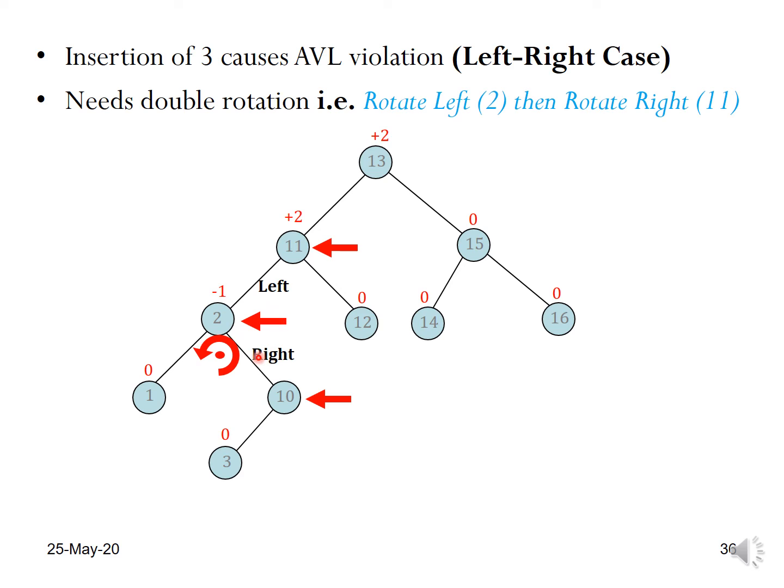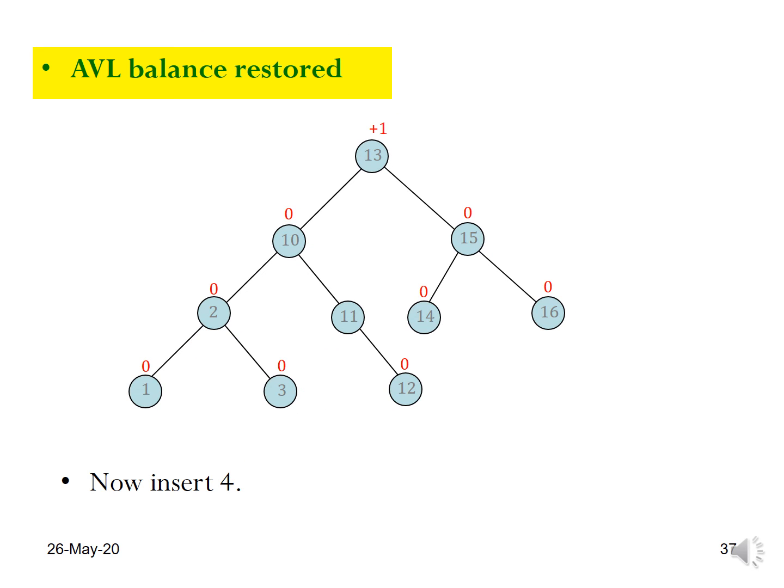So this is the left right case. First we will rotate this 2 towards the left and then we will rotate this 11 to the right. After rotating, the AVL balance will be restored. We can calculate the balance factor of all the nodes.